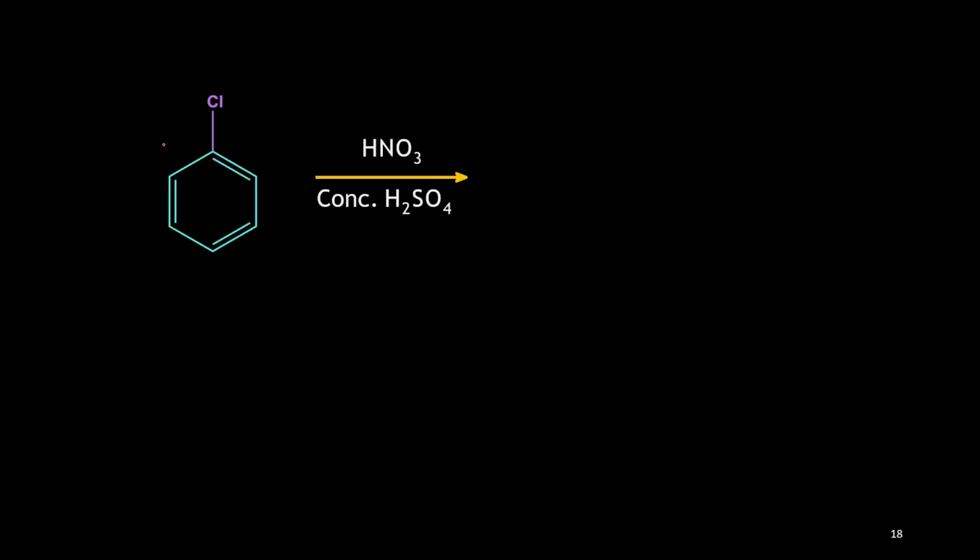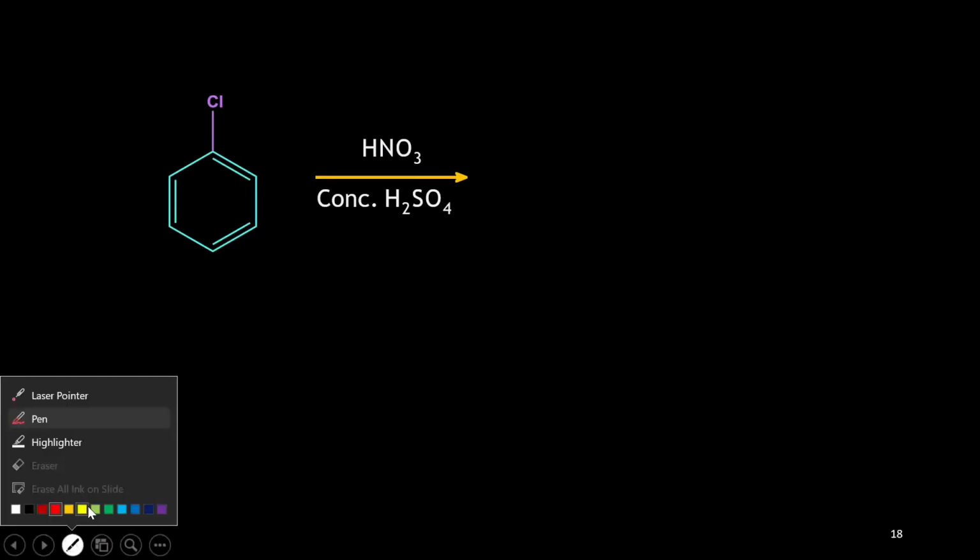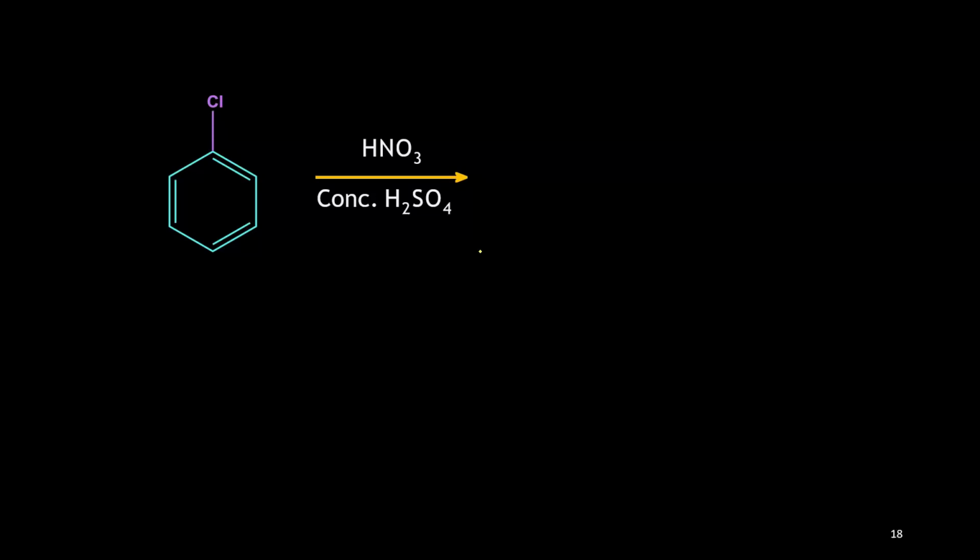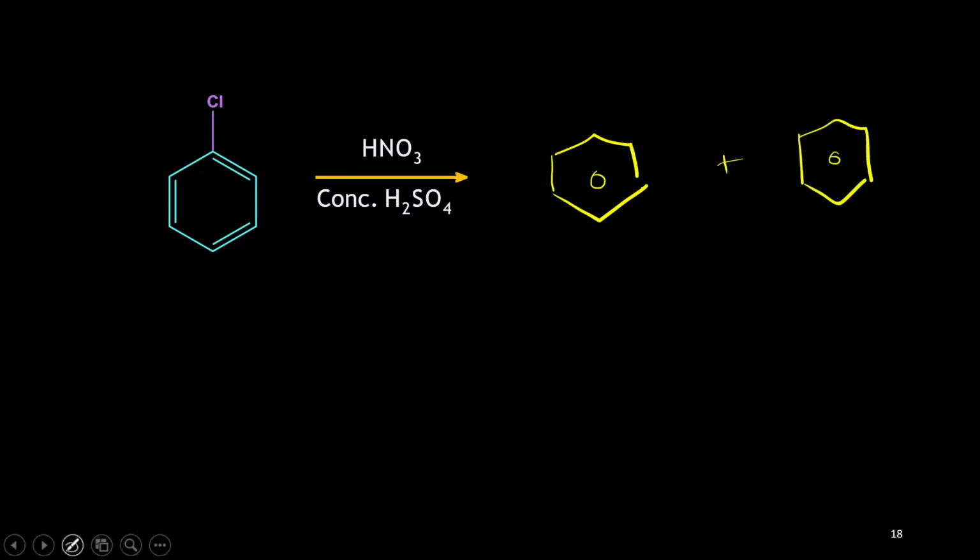Whenever the benzene ring with chlorine reacts with HNO3 in the presence of sulfuric acid, the reaction could form two compounds. So tell me which one will be the major and which one will be the minor.